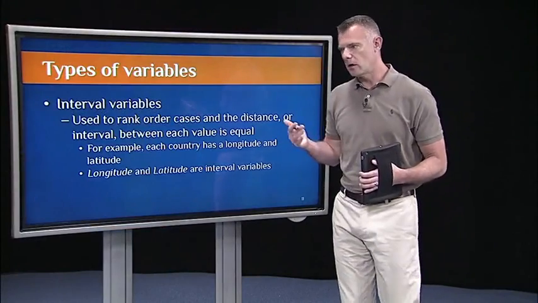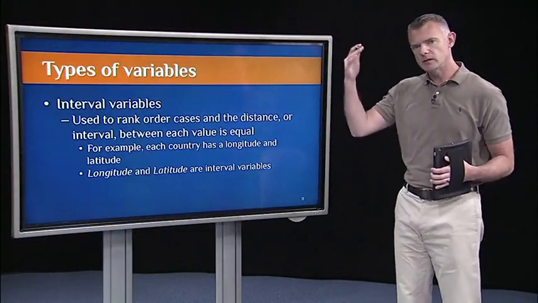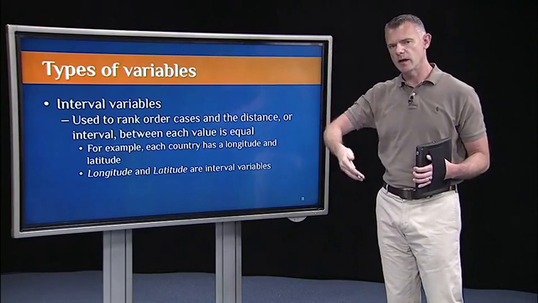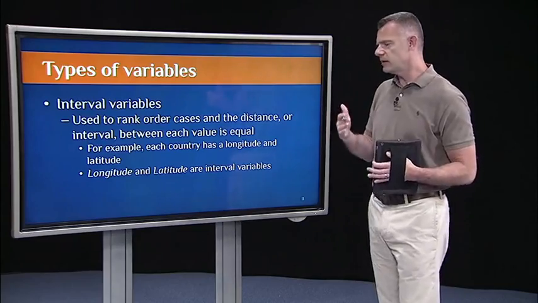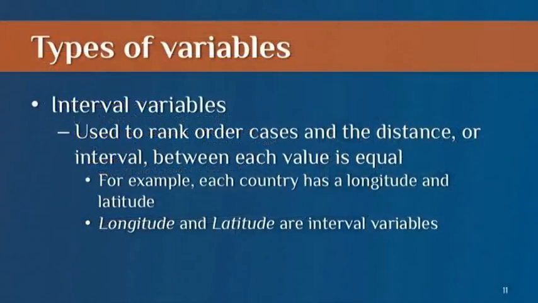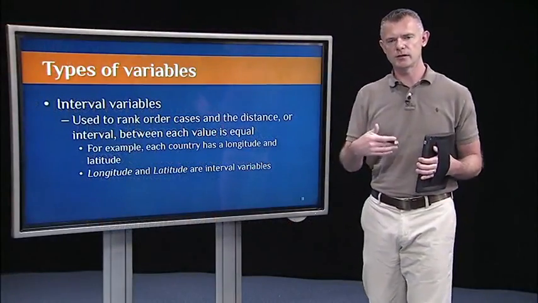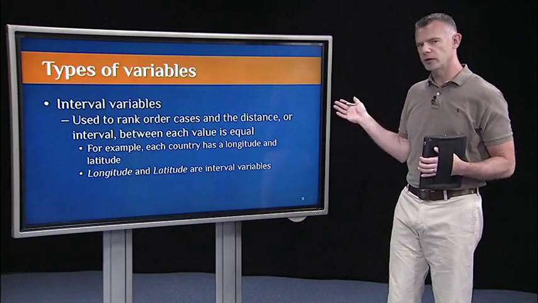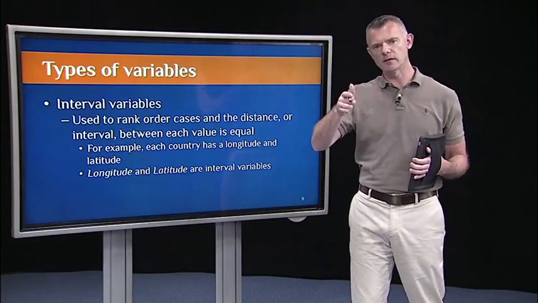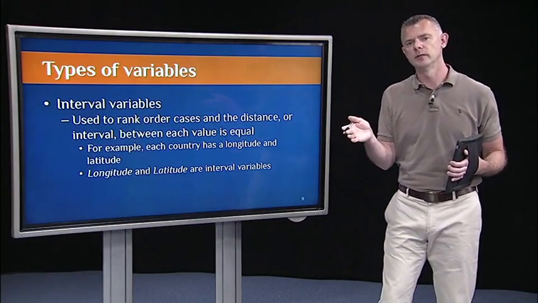Interval variables are also used to rank order cases, so we can order cases from top to bottom. But in this case, the distance or interval between each value is equal. That's why it's called an interval variable. So again, sticking with this theme of countries of origin for Coursera students, each country, if we look at the globe, has a longitude and a latitude.